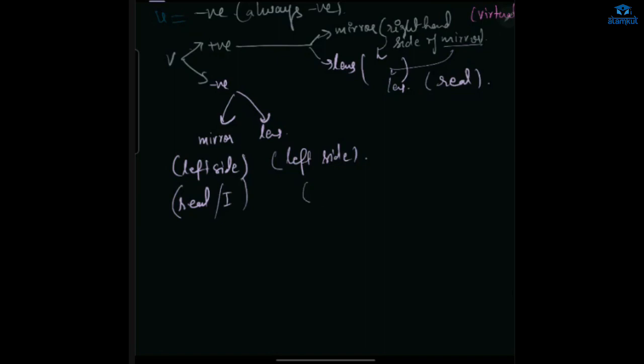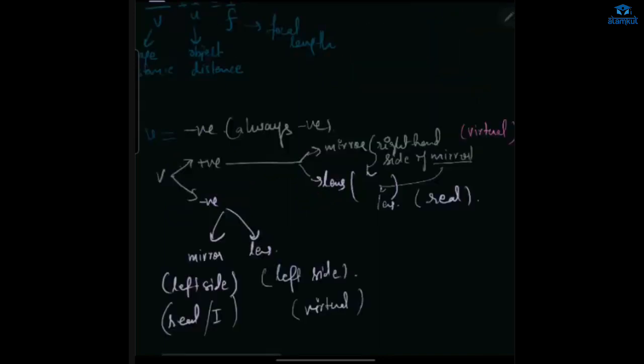And if it is on the left side of the lens, then it should be virtual. The image will be virtual. Fine, so up to this we are done.